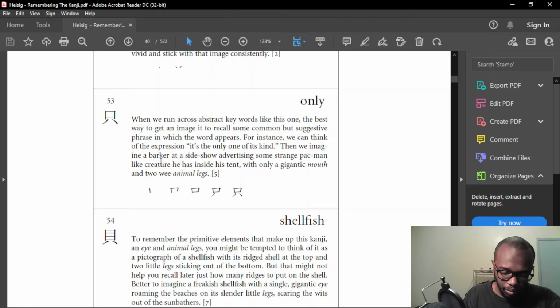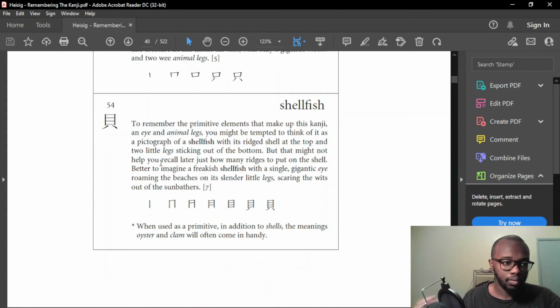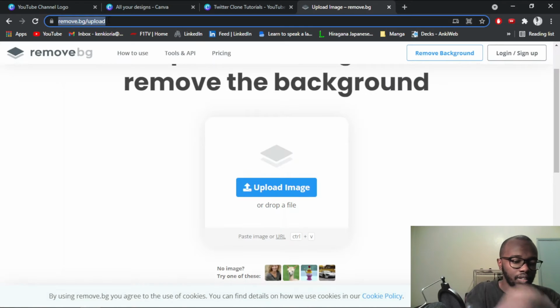Only one kind. So it's a big mouth with legs. A shellfish. What is a shellfish? Let's look at what a shellfish is. Then maybe you can infer.